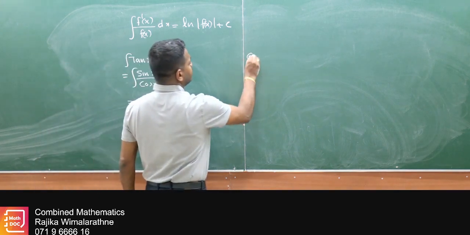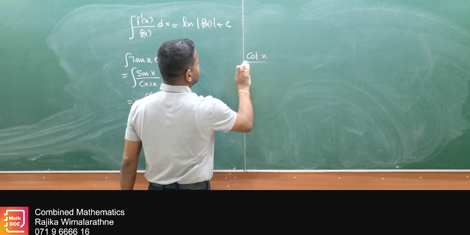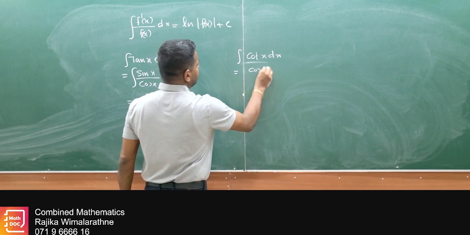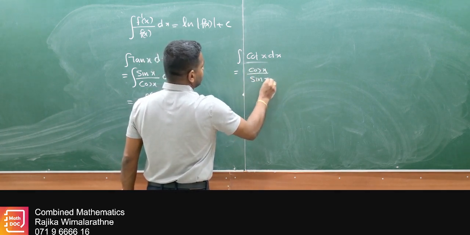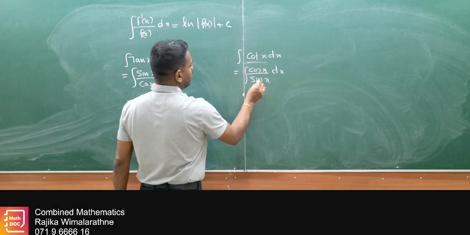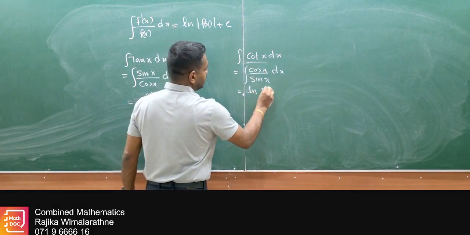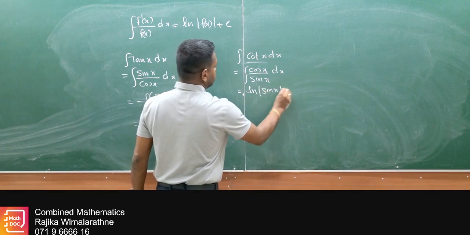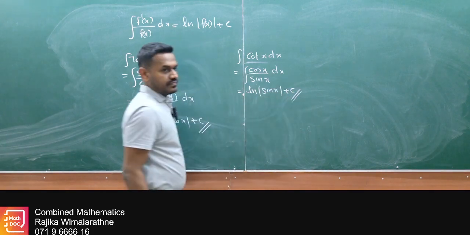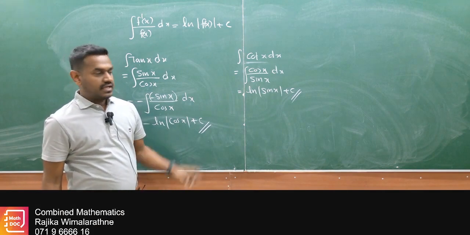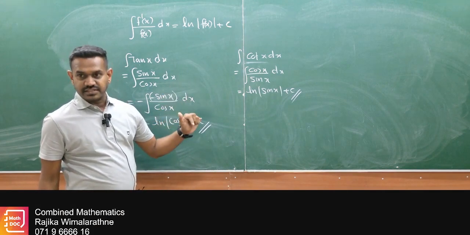See, cot x dx integral, cos x over sin x. Now check: sin derivative is cos, we have it directly. You put ln |sin x| plus c. Okay, now you know how to integrate cot. The functions that were missing earlier are coming little by little now.